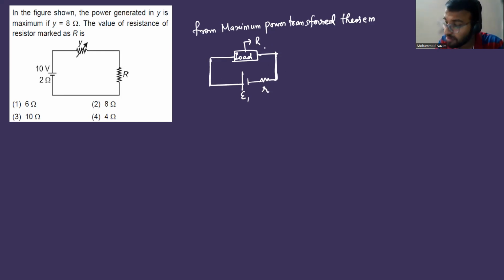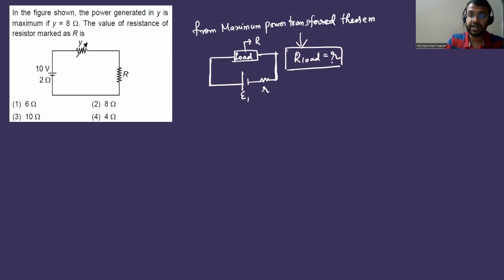So if maximum power has to be delivered across the load, the condition is that the resistance of the load must be equal to the internal resistance R. This is the theorem for maximum power to be delivered across the load. This is the condition.